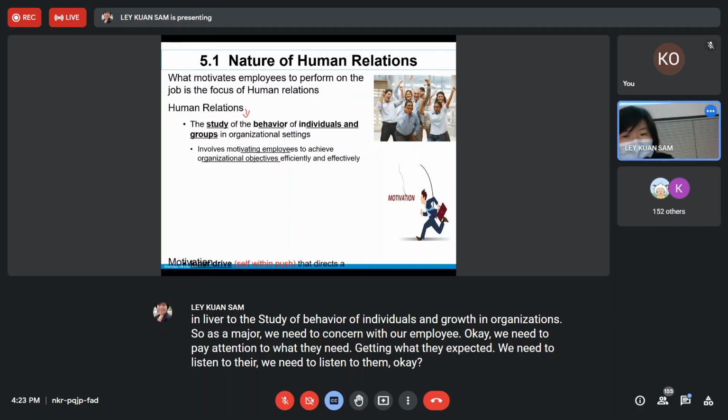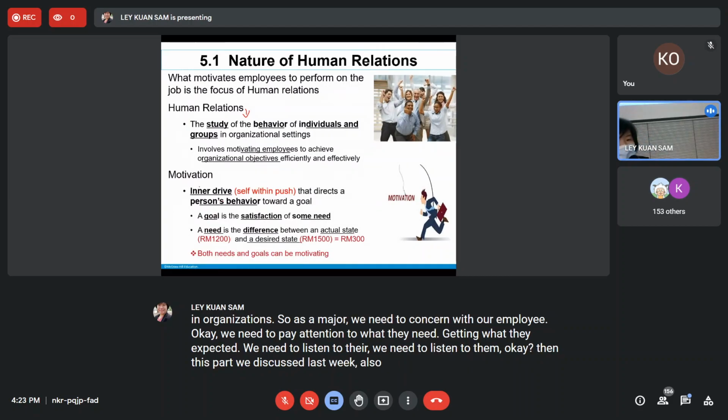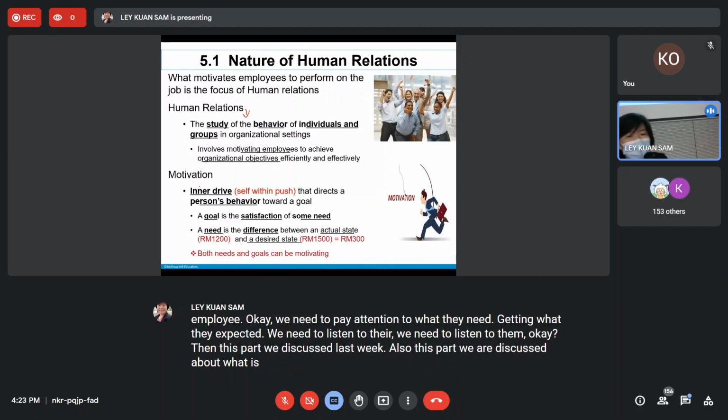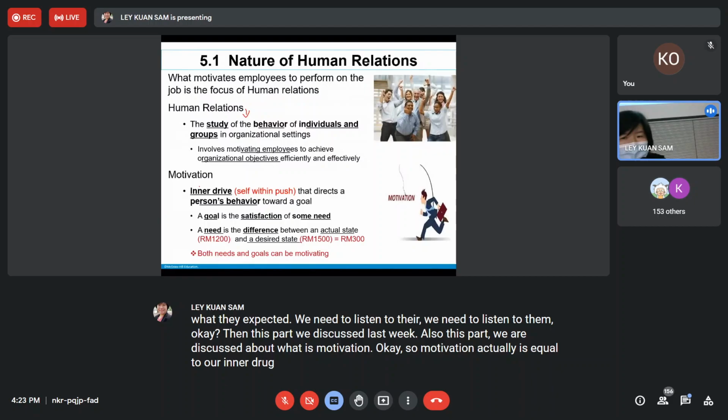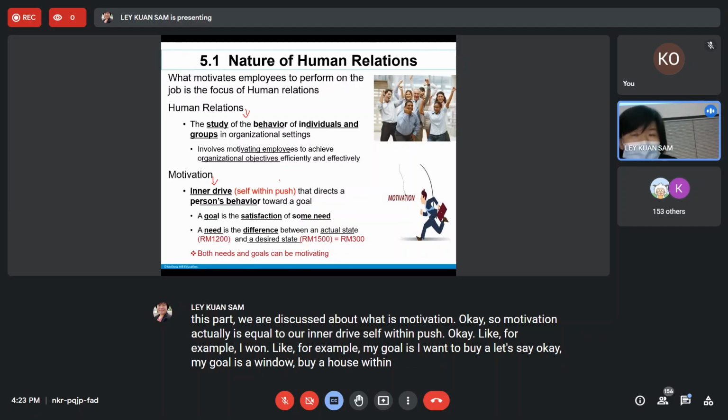Then this part we discussed last week also. We discussed what motivation is. Motivation refers to our inner drive, a self-within push. For example, my goal is I want to buy a house within 2 years.